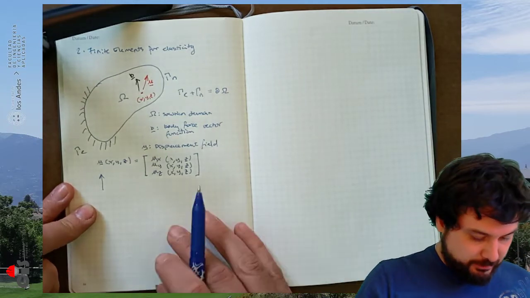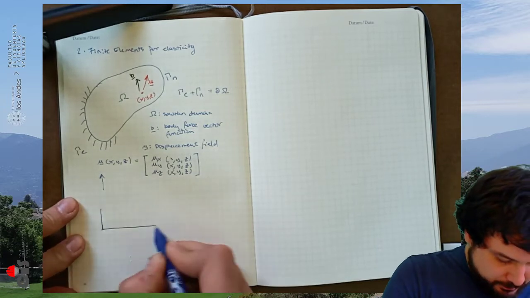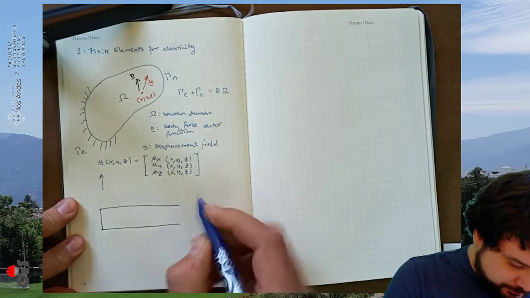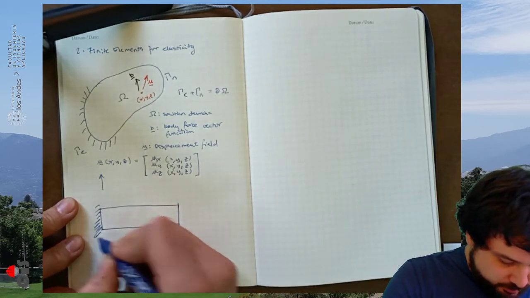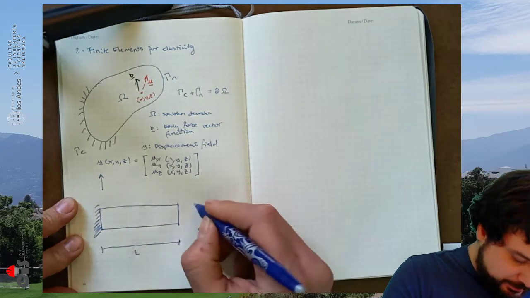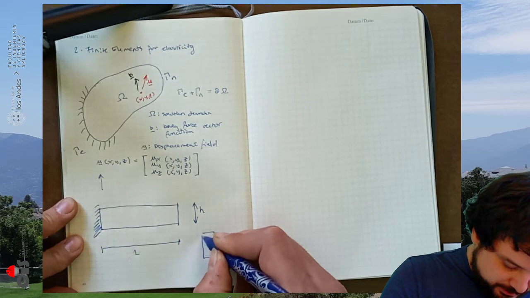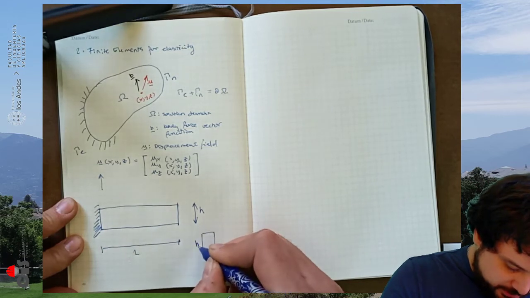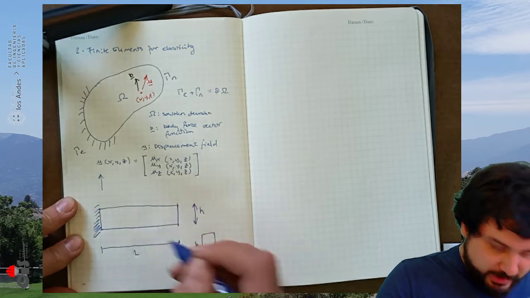So for example, we can have a beam. Our domain might be a beam, a box-shaped beam that's fixed in one end. This is the length of the beam, height of the beam, and its cross-section might be something like this, b times h, right? And you might want to have self-weight.